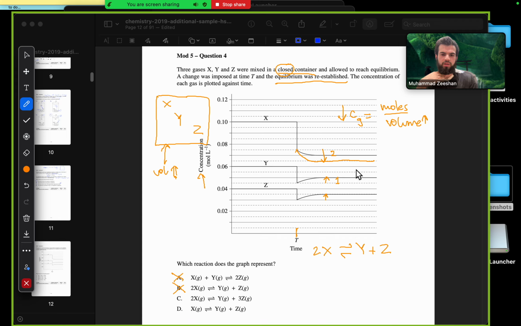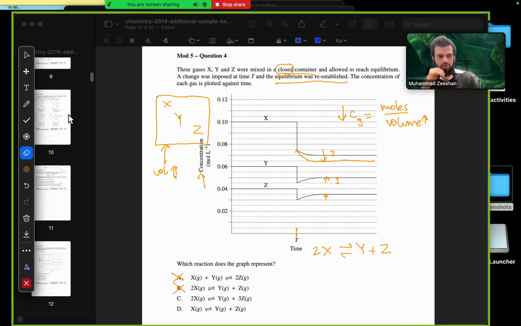Let me just mentally check that. 2 moles. So 2 particles of X would form 1 particle of Y and 1 particle of Z. That's possible.